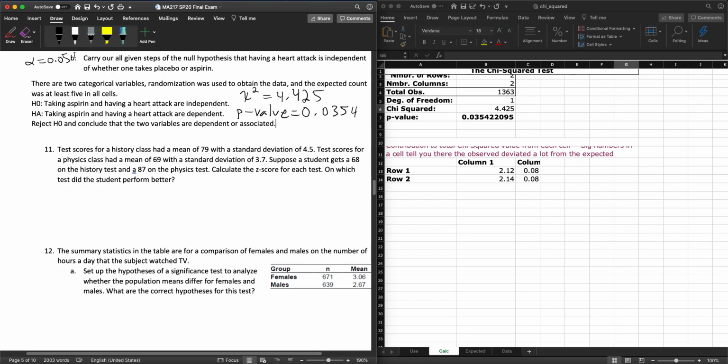For z-scores, the formula is that we take the value of the variable, subtract the mean, and then divide by the standard deviation. So let's do the history first.